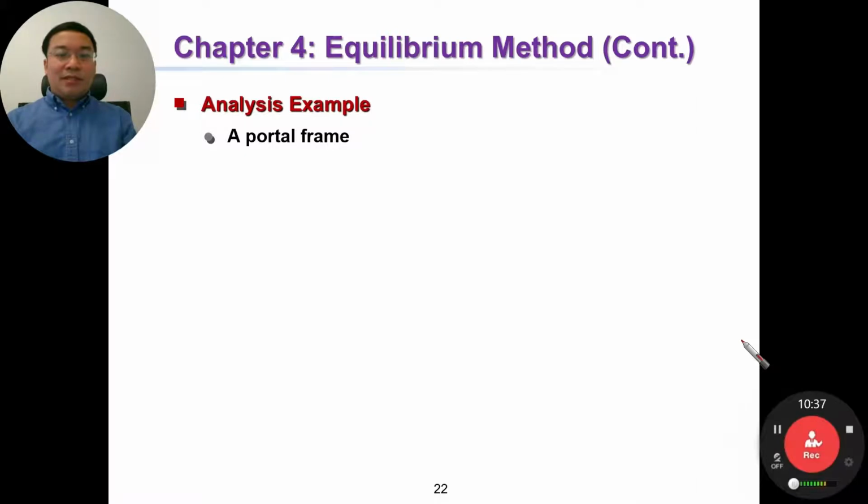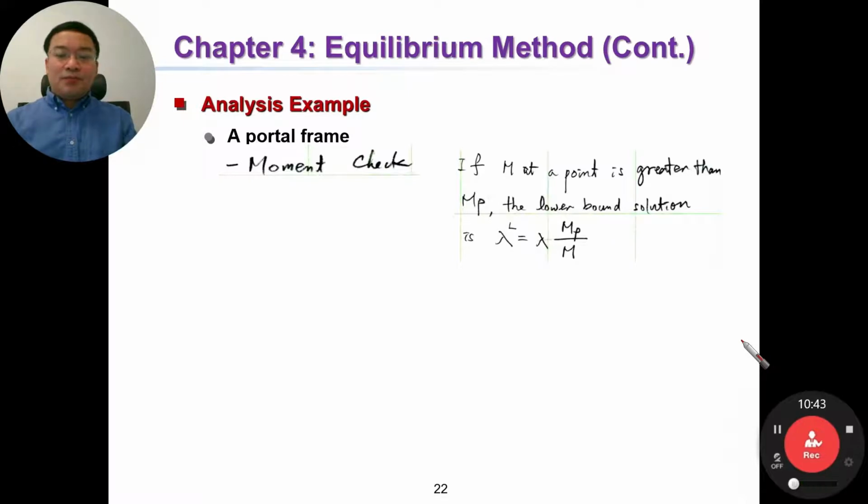Next step is the moment check. We have only 4 points already checked, equal to MP, and we have a total of 8 points. Then we need to check the 4 other points.